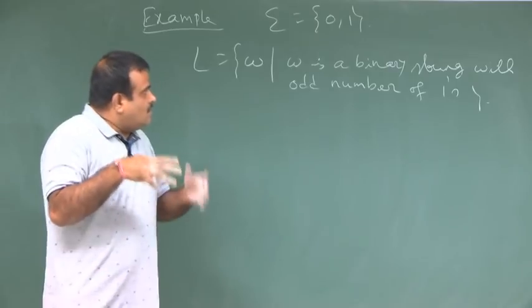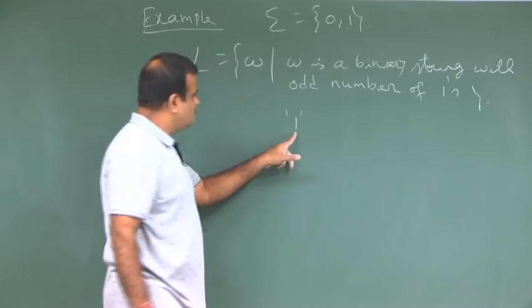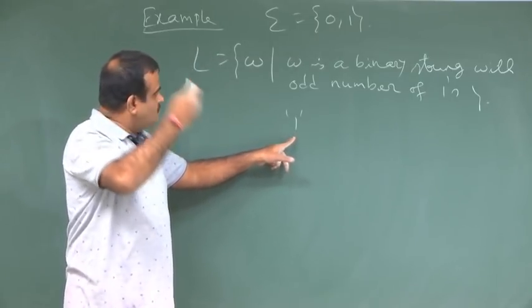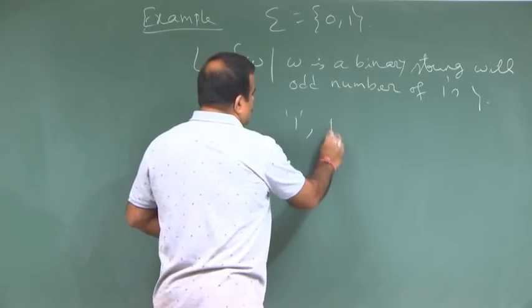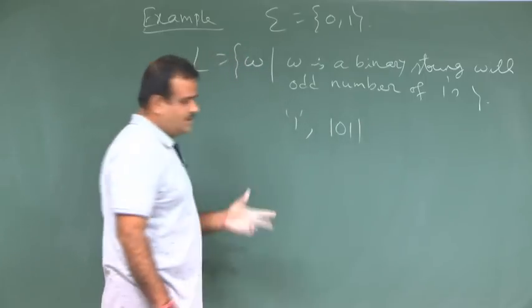Now, we consider all such strings which have an odd number of ones. Like this is a string with only one 1, and 1 0 1 1 is another string.